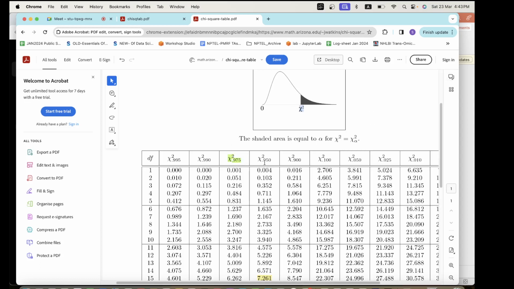The area is actually given by these terms, the shaded area: 0.1, 0.05, 0.025. And the table entries are giving you the points, like it is mentioned over here.